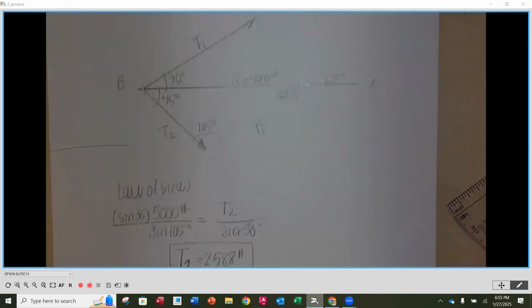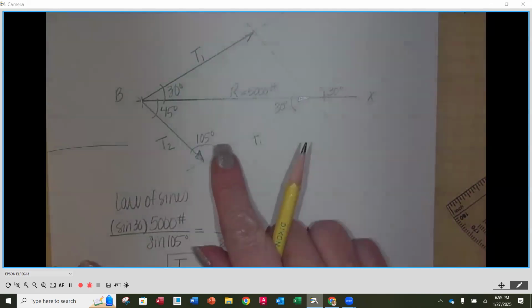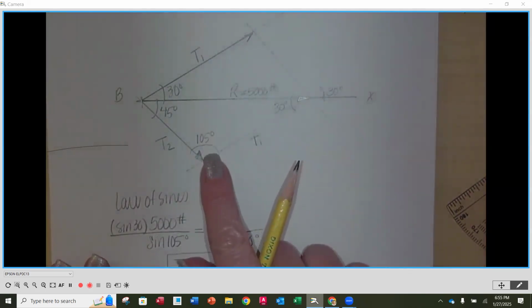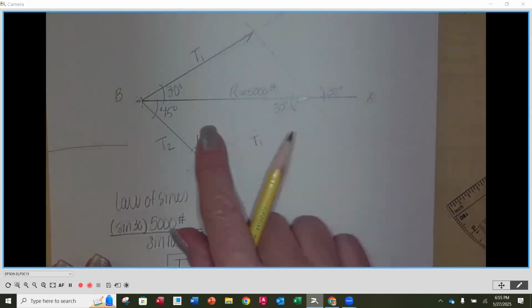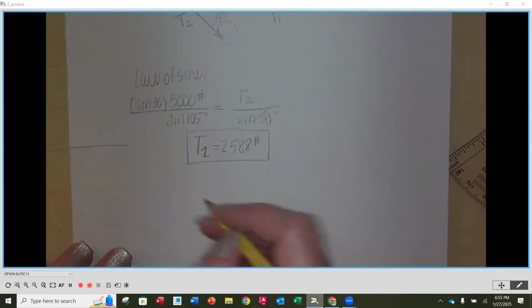Okay, so that's T2. We got to find T1 now. How do we want to approach that one? Same thing? Absolutely, right? So I would take my 5,000 opposite the 105, and then we would take T1 opposite the 45. So go ahead and do that for T1.